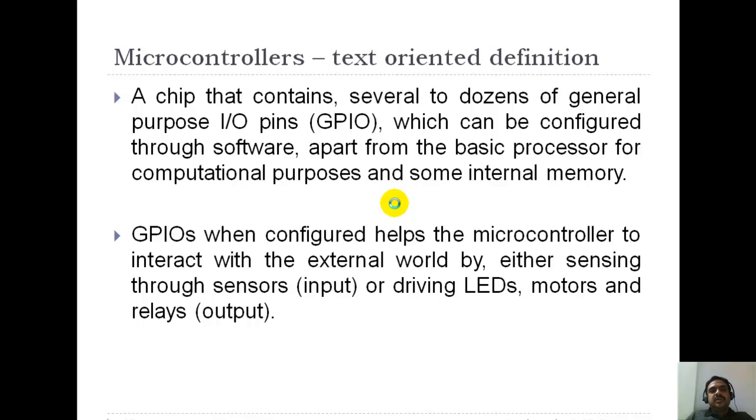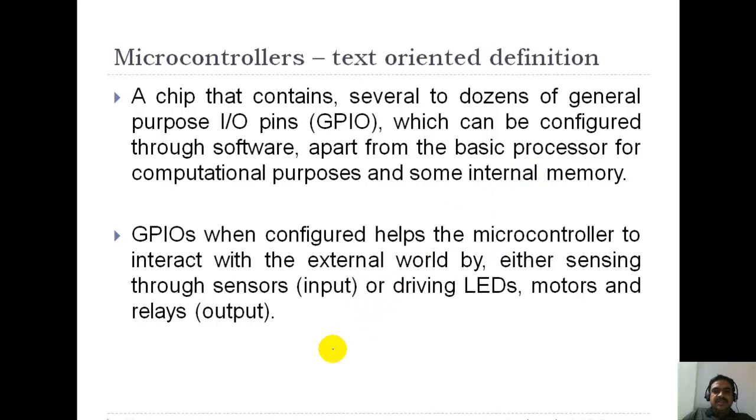Now we are getting into the actual concept of microcontrollers. So what is a microcontroller? If you look at a book definition or a typical scientific definition, a microcontroller is a chip that contains several dozens of general purpose IO pins, which can be configured through software as input or output, and it has some extra accessories apart from the basic processor for computational purposes, and apart from those peripherals, it also has internal memory.